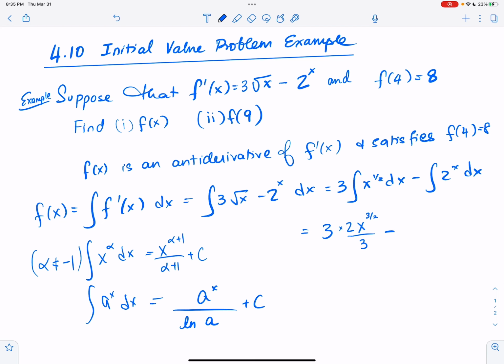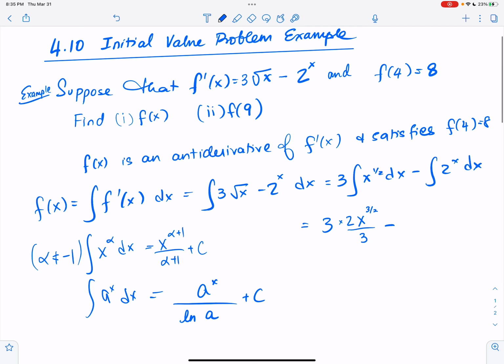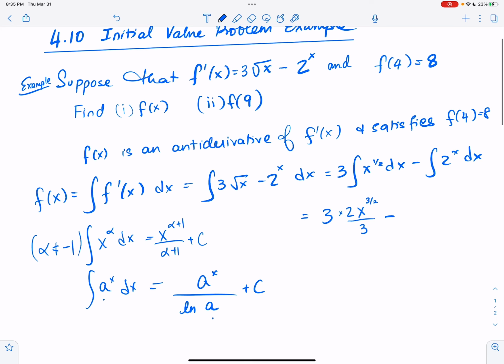So the integral of a to the x is a to the x over log a. And you can check again, differentiate this, and you will get a to the x. Okay, so this will be 2 to the x over log 2. And then let's add a c.